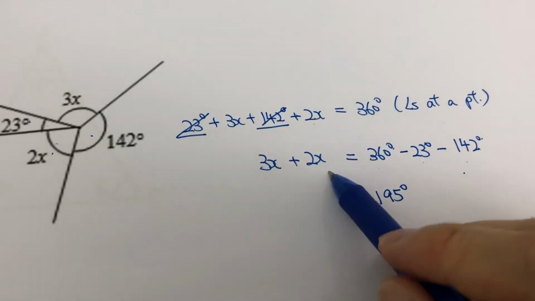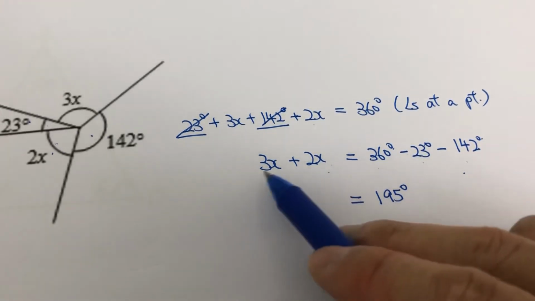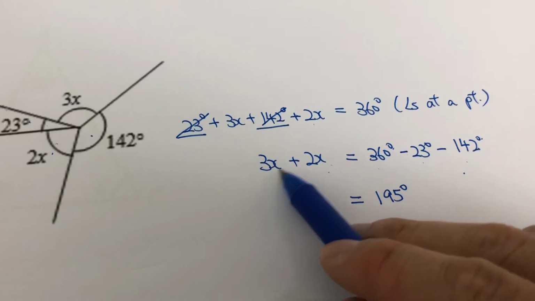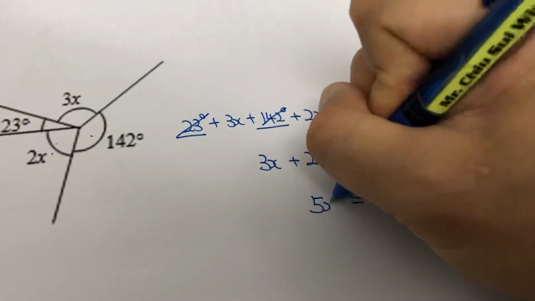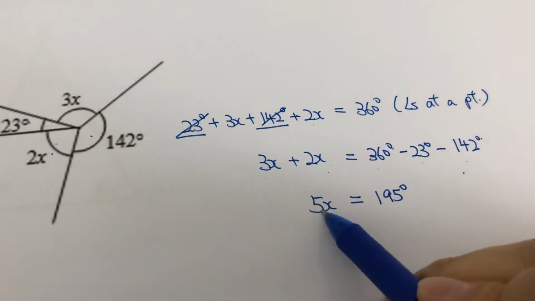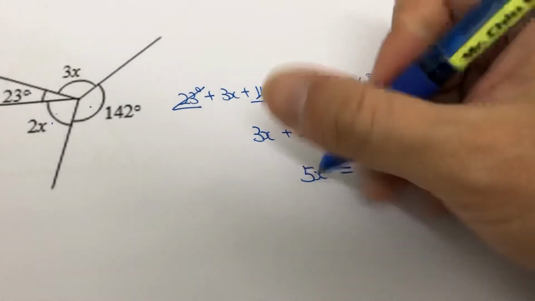Then what about 3x plus 2x? Do you think that we could add them up? Yes. 3 apples plus 2 apples, altogether we have 5 apples. 3x plus 2x becomes 5x. 5x equal to 195. Then what about x?